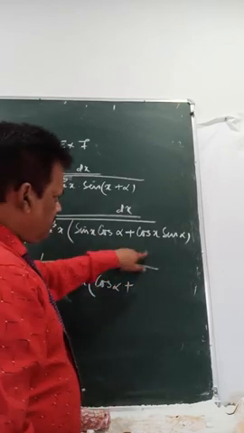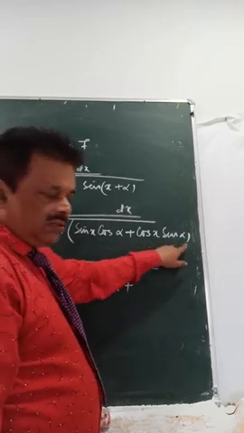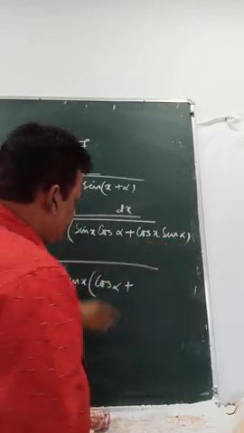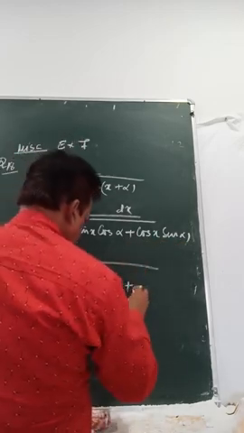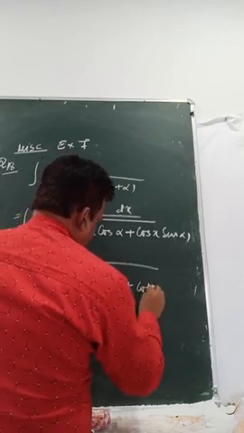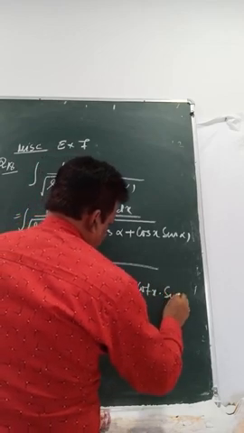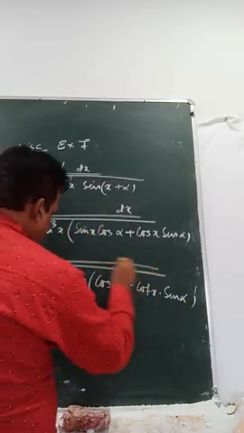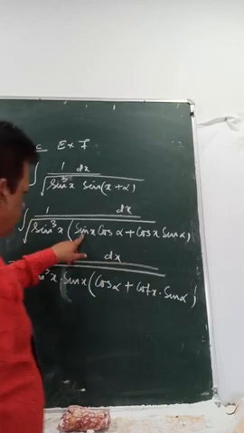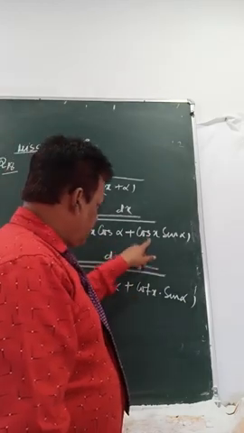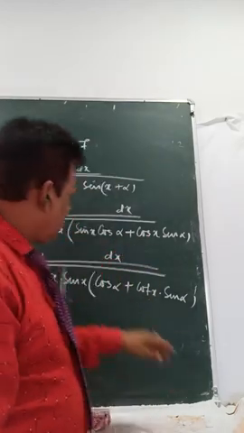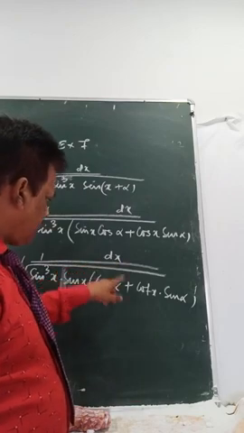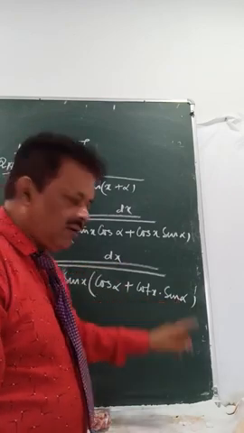This will be cos by sin, because sin x is not here, so it is cot x sin alpha. We have taken sin common, so cos by sin will be cot x. Now you are integrating with respect to x, so cos alpha and sin alpha are constants.